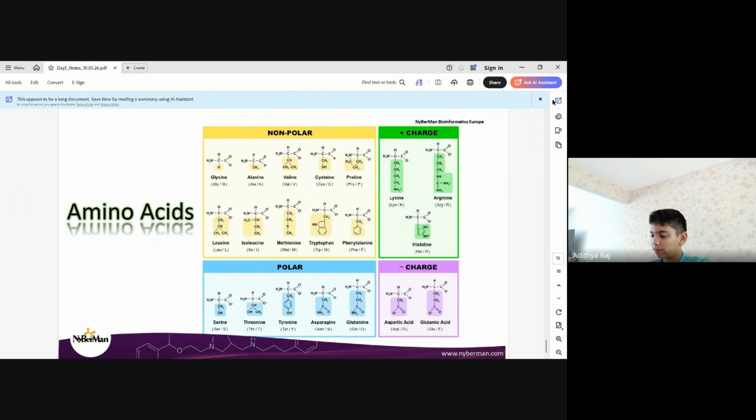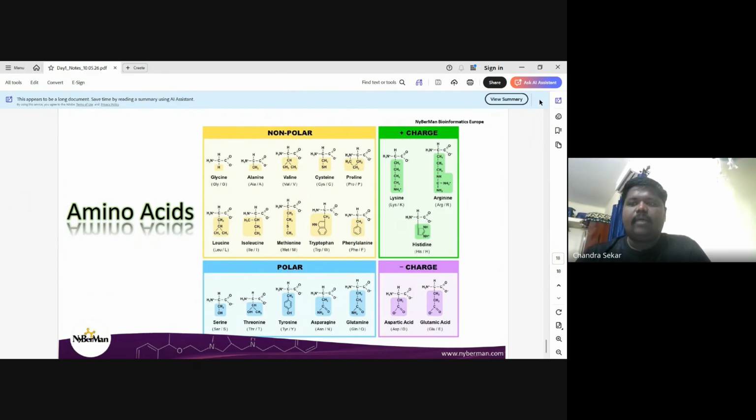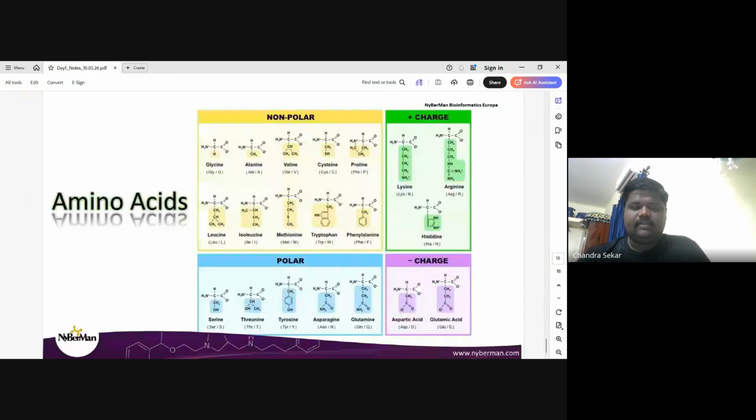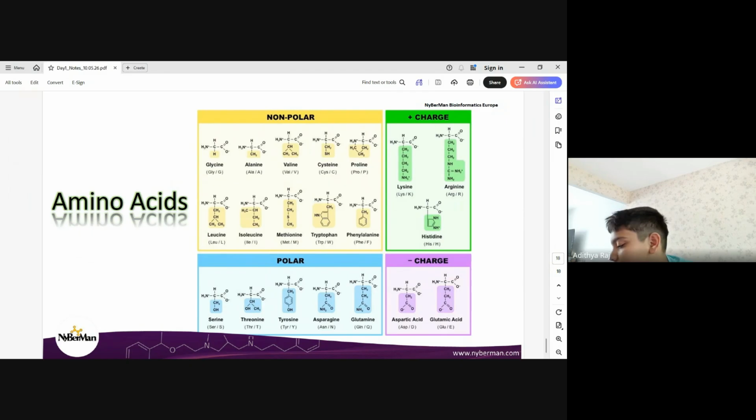Whereas a few amino acids should be given as a diet. They are called essential amino acids. So the amino acids which you don't need to give in the diet are non-essential, but essential are the ones you need to give in the diet.